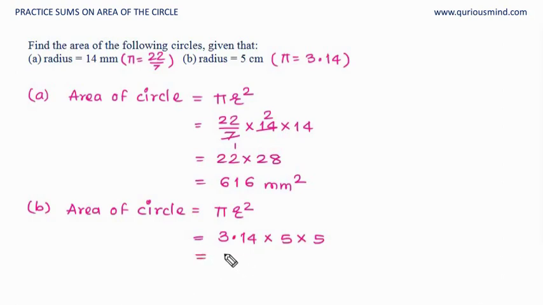So 25 multiplied by 3.14. 25 4s are 100, 10 carry forward, 25 1s are 25, and 10 is 35, 5 carry forward, 25 3s are 75, and 3 is 78. 2 digits after decimal point, so here 2 digits after decimal point. Centimeter square, unit square.